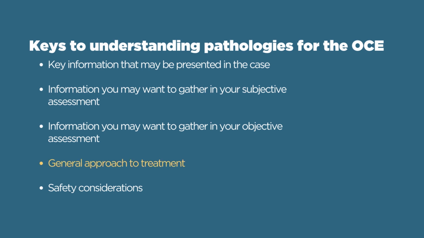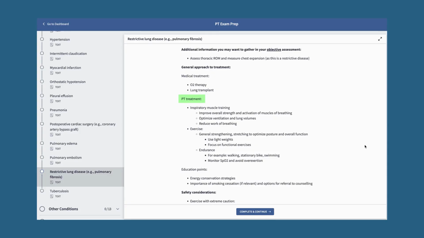All right, what is your approach to treatment for pulmonary fibrosis? So let's show you the classroom. The focus of physio treatment should include inspiratory muscle training. You want to focus on improving overall strength of the muscles of breathing, which can help to optimize ventilation and lung volumes, as well as decrease the work of breathing. Your exercise should focus on posture as well as function.